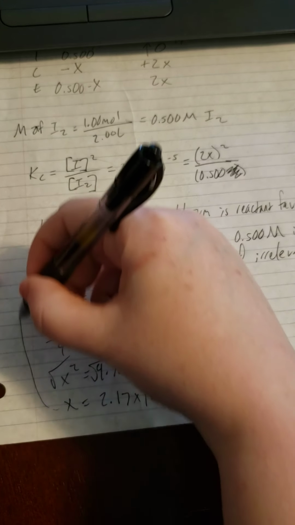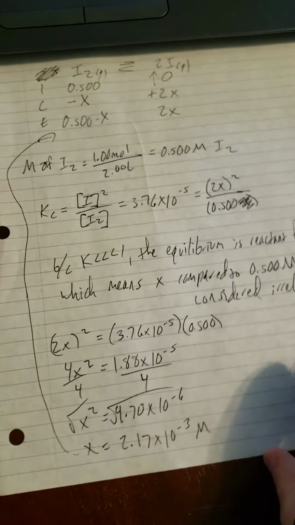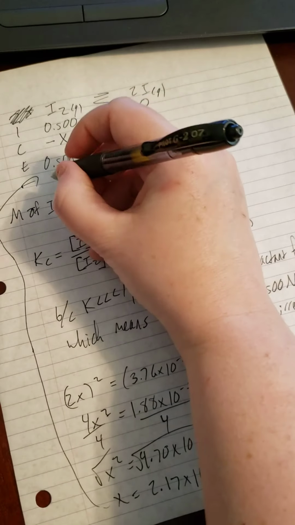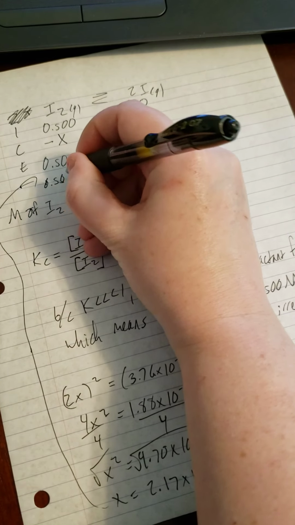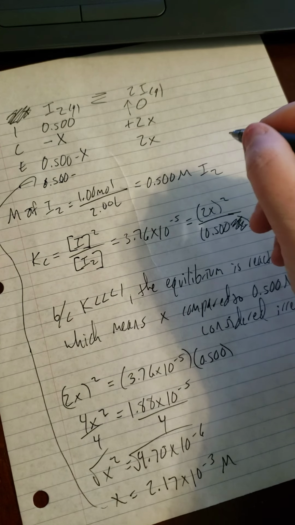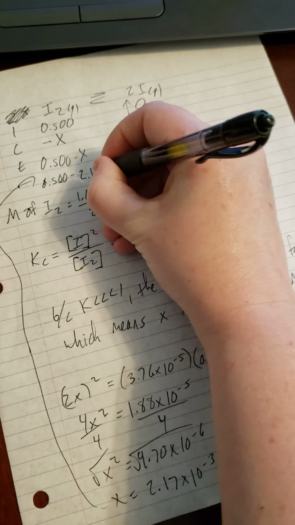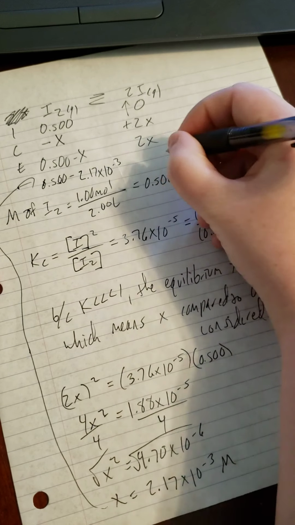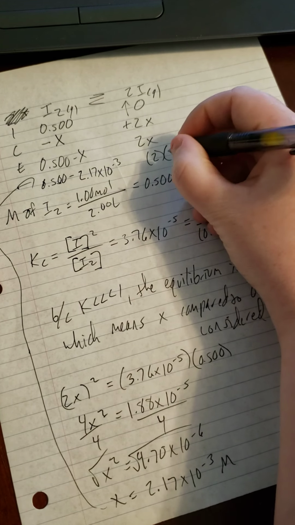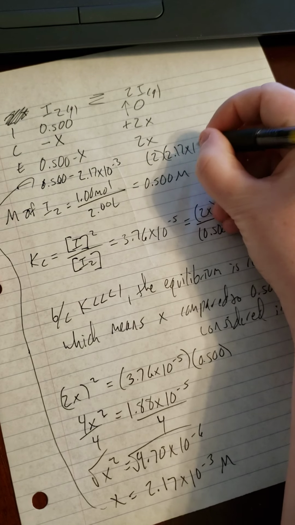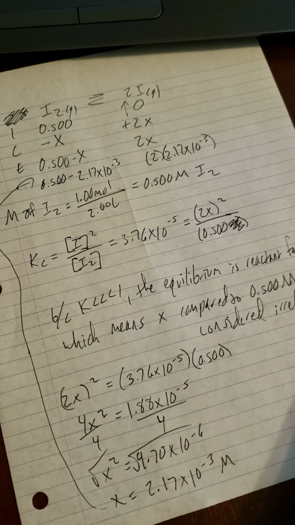Well, we're going to take this, and we're going to bring it back up to our ICE table. So this then becomes 0.5 minus 2.17 times 10 to the negative 3. And this becomes 2 times 2.17 times 10 to the negative 3.